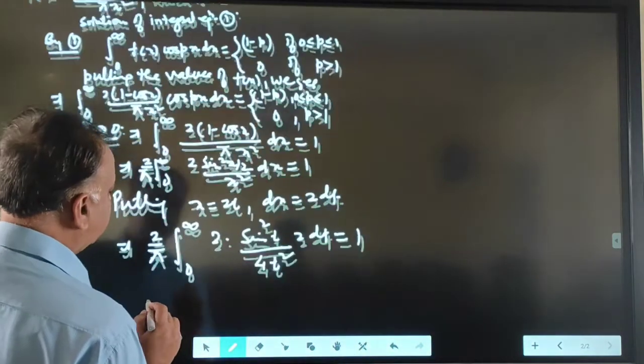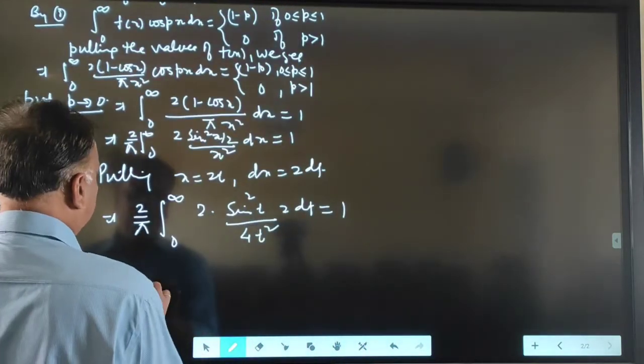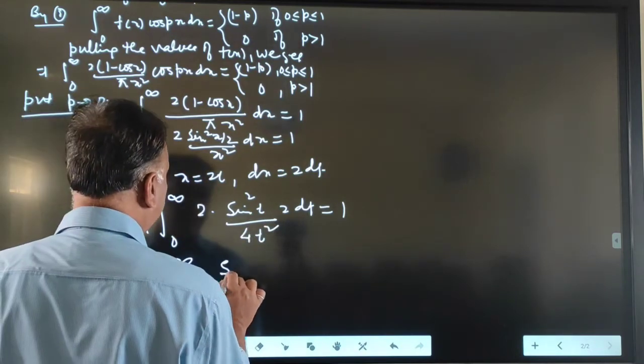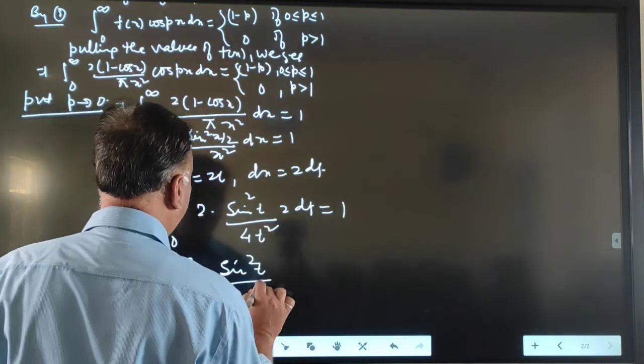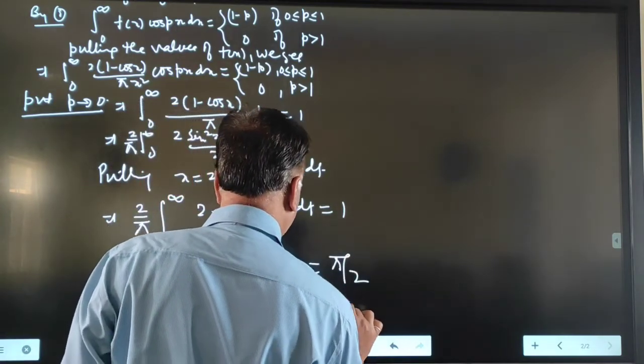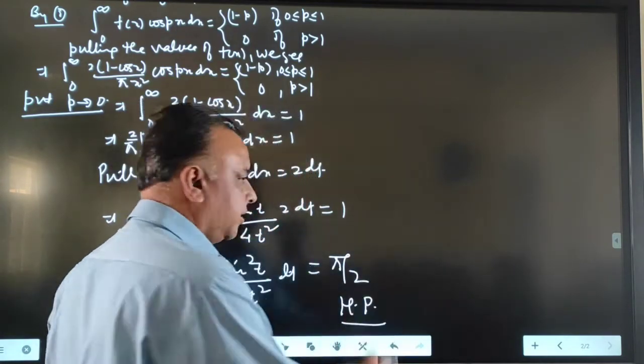Or on solving this, 2 and 2, 4 cancelled, we get integral 0 to infinity sine square t upon t square dt is equal to pi by 2, which is the required result.